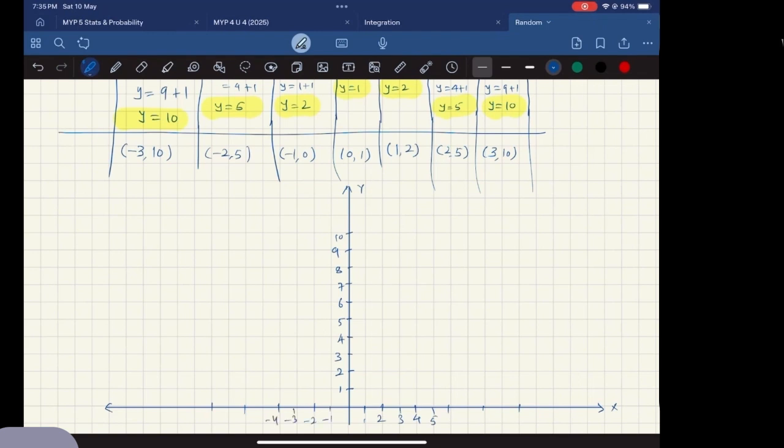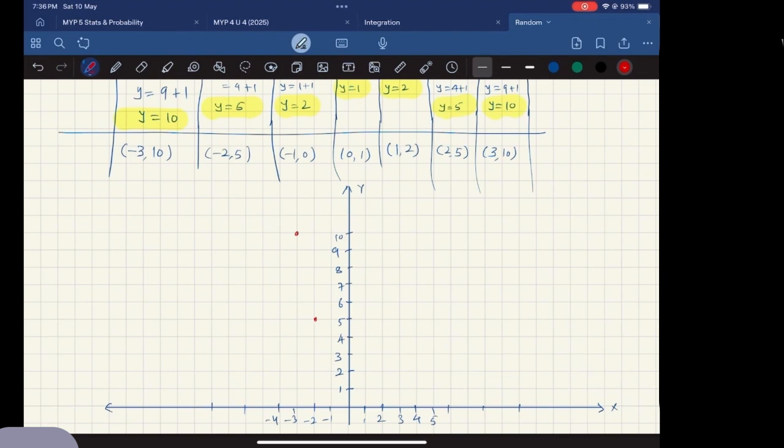Okay. Now, what is the first point? First point is (-3, 10). So that can be plotted over here. And then you have (-2, 5). You can try doing it without me doing it.